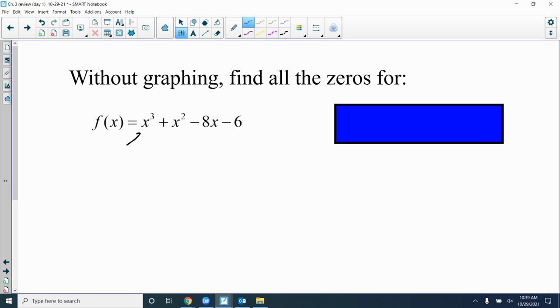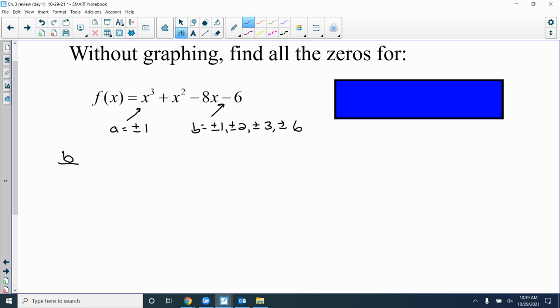So in this case here, my a is just a 1, which is nice. b is 1, 2, 3, and 6. And so b over a are the possible zeros. And since I'm dividing by 1, it's just going to be all the whole numbers.